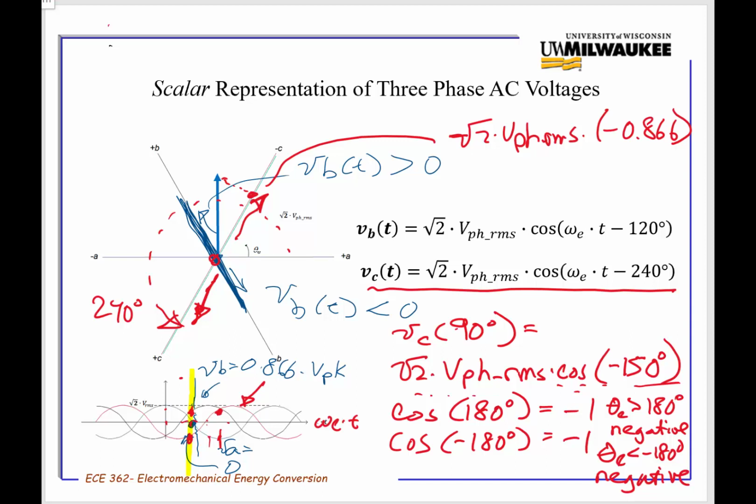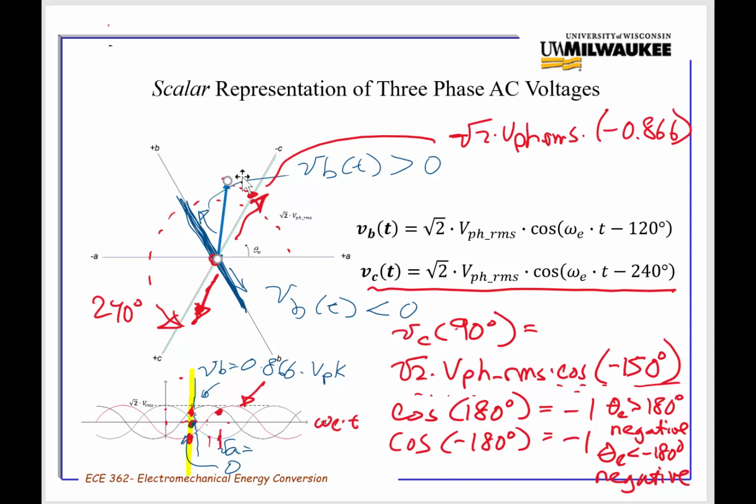So if we're looking at the phasor here, the phasor's moving in this direction. When it hits that point, it's at its negative peak, and then when it goes over to here, it's on the downside of the negative peak, going down.